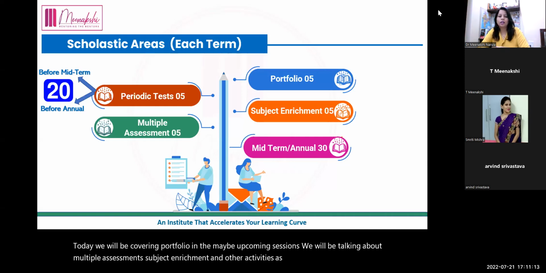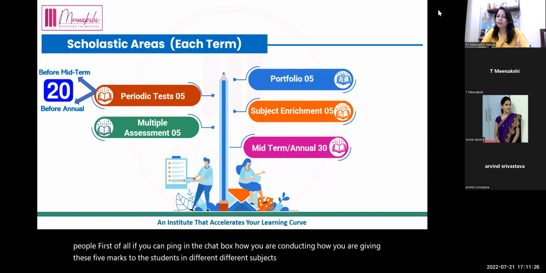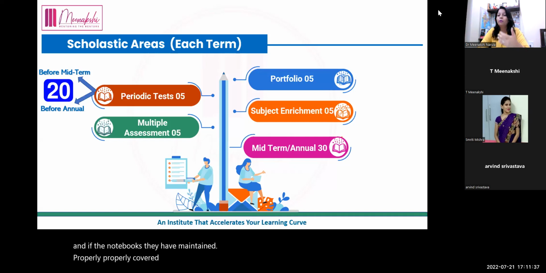First of all, I want to ask you to ping in the chat box how you are conducting and giving these 5 marks to the students in different subjects, because internal assessment is being given. What I have observed in some schools is that they consider just the notebook work. If the notebooks are properly covered, the index is maintained, and the notebook has been checked well in time, they give marks accordingly for the maintenance.